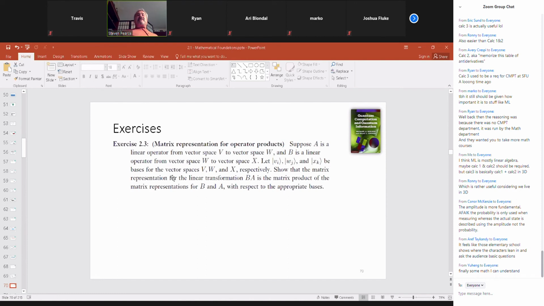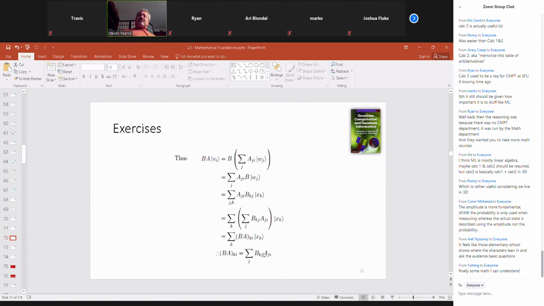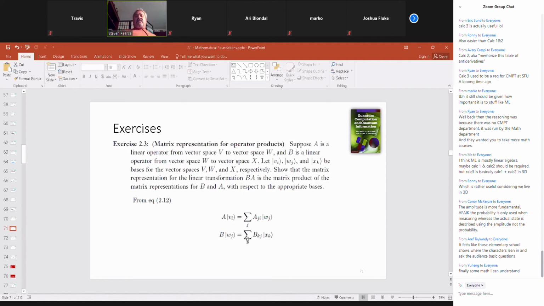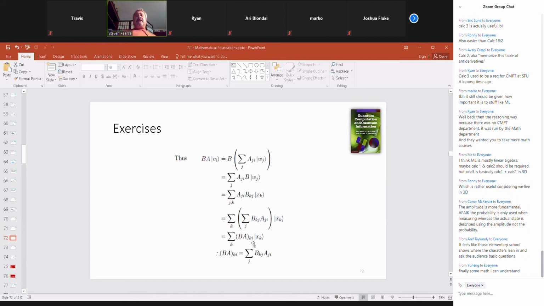Show that the matrix representation for linear transformation B times A is the matrix product of the matrix representations for B and A with respect to the appropriate bases. So we have this representation clearly, and thus you can just run through the algebra. There's the solution. There's nothing new about this whatsoever. It's just regrouping terms. So again, we're just making substitutions all the way through, and there's no mystery here. Everybody get that?